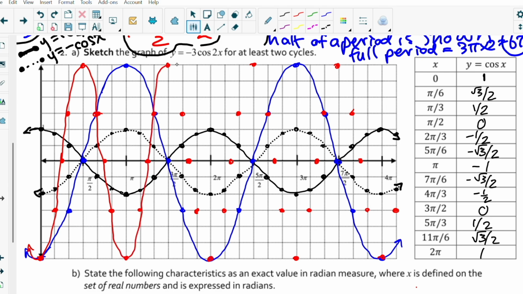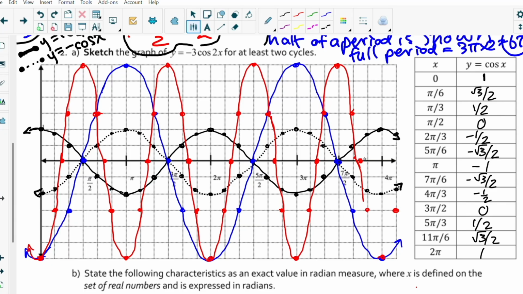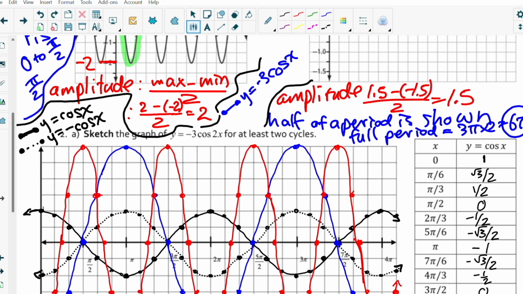Okay, and just smooth as you can. Close enough. Okay. All right. So this one would be the final version.